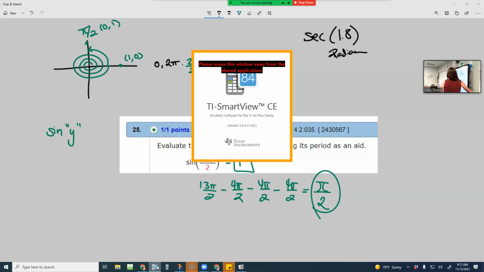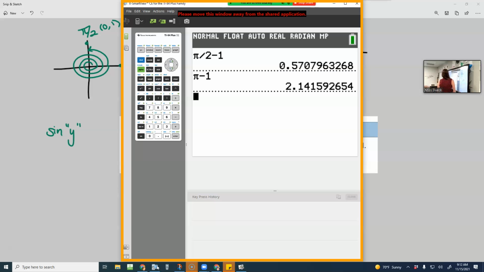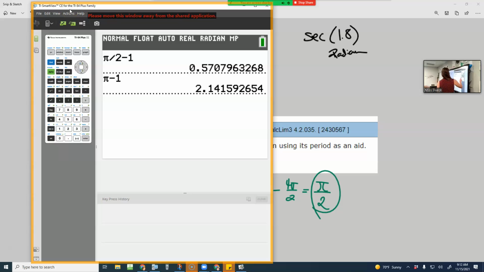You would need to make sure that you're in radian mode, number one. But number two, you would also need to remember who secant is, because there is no secant button. Now some of you said, ooh, but there's a cosine with a -1 by it. And the struggle is, that little -1 can mean reciprocal, right?